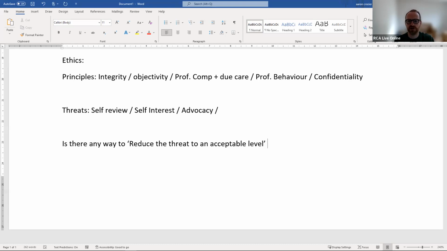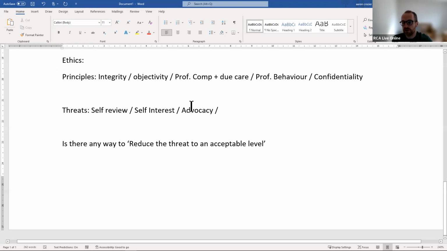So those safeguards for self-review could be having separate teams, having them sign non-disclosure agreements between the teams, making sure that you're not making any management decisions. Okay, all of those things will ensure that self-review is not a big issue. If you can't put those in place, well then you can't do the work. And there's certain things you can't do. So for example, for a listed company, you can't prepare the accounts and audit them, whereas you can do that for an unlisted company as long as you've got all the safeguards in place.